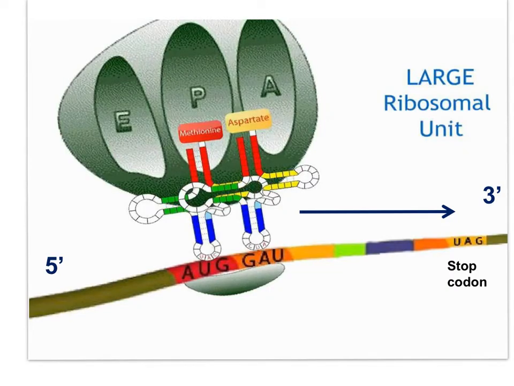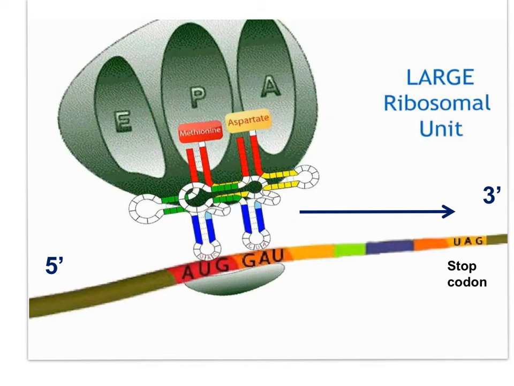Here is an image that shows the large ribosomal subunit with its 3 binding sites. The small subunit is not shown so that more clarity is provided with respect to the tRNA molecules bound to the ribosome. You can see 2 tRNA molecules bound to the ribosome, one in the P site and one in the A site, respectively.